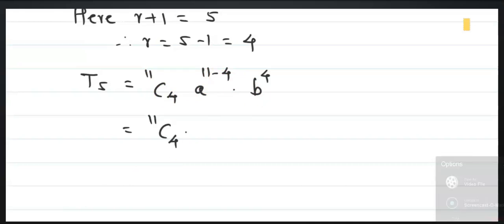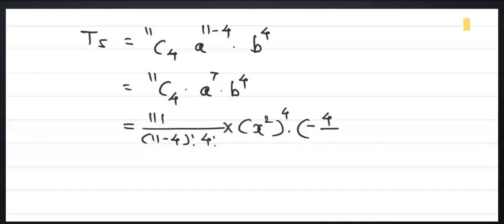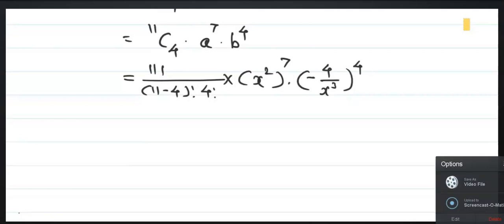Therefore, 11 factorial upon 11 minus 4 factorial into 4 factorial, (x square) raised to 7, (minus 4 upon x cube) raised to 4.